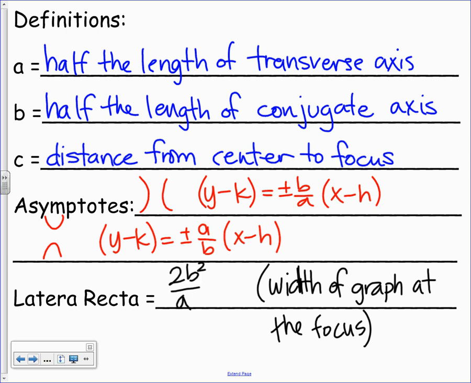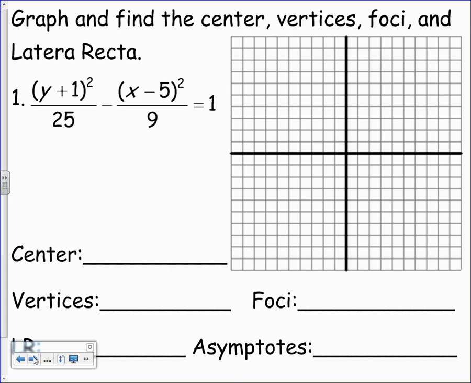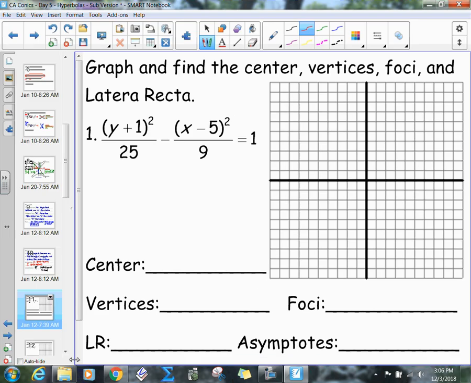Okay. So here we go. We're going to graph our first one. If you didn't have the second sheet of graph or note sheet, then please get that out at this point. This is the first one that we are going to graph. I'm going to change colors.